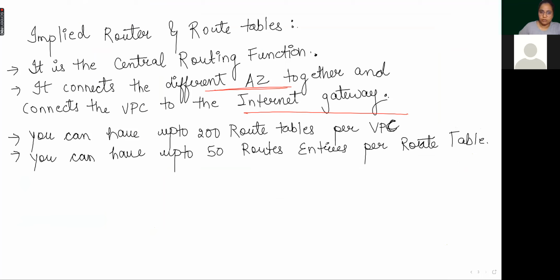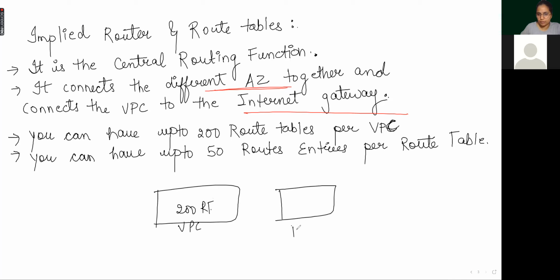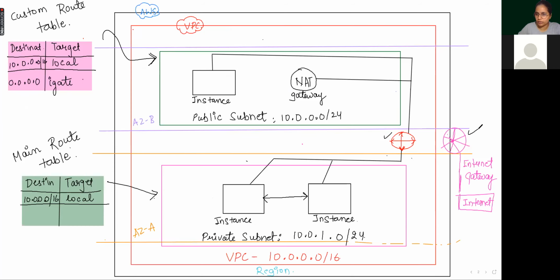Now, inside a VPC, you can have 200 routing tables. And inside one routing table, you can have the entries of 50 routes maximum. So here we only have one route and two routes right now, but inside a single routing table, you can have 50 route entries.